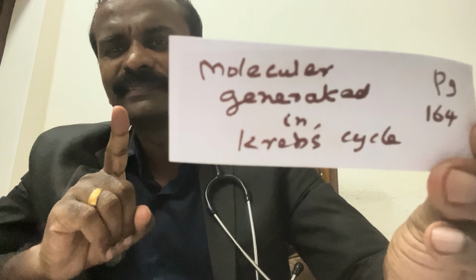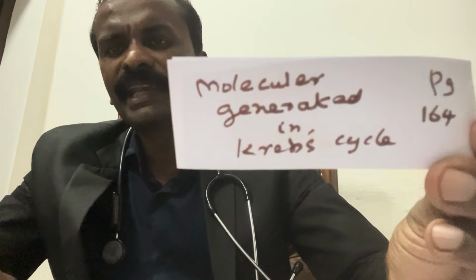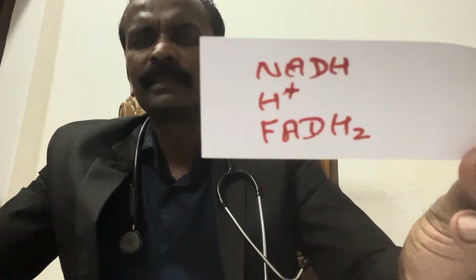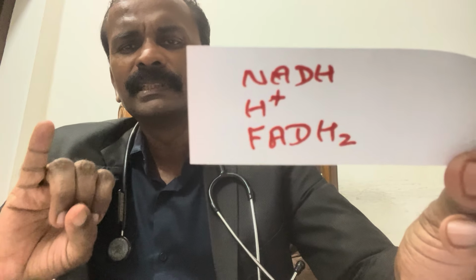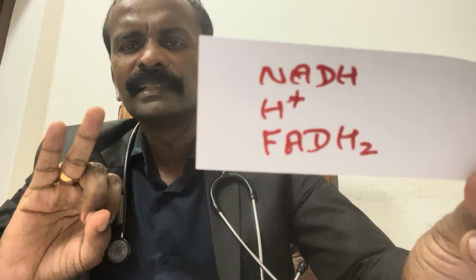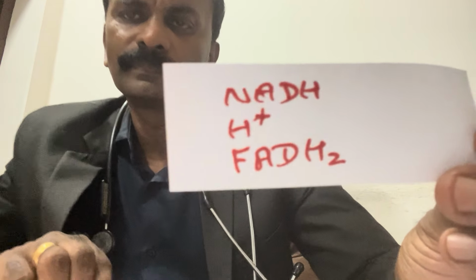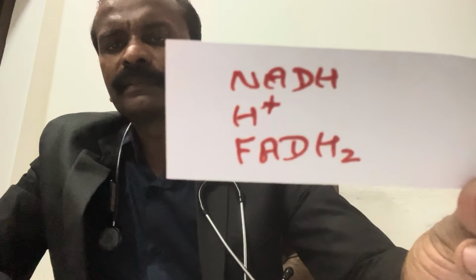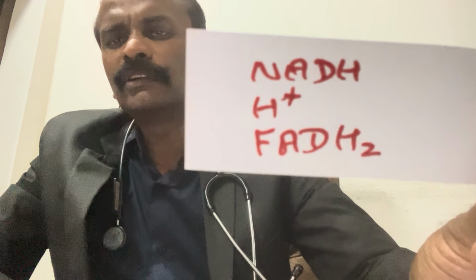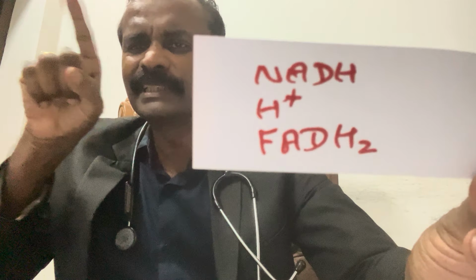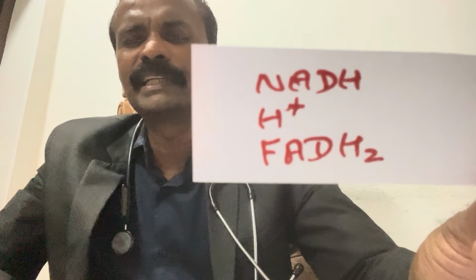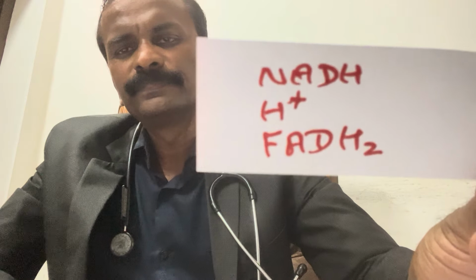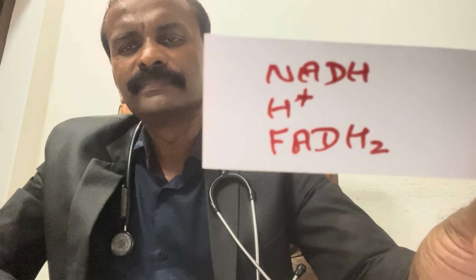Very important. Any idea? Just mug it up, okay. NADH, H plus, and read it, okay. So question, don't forget. You have to mug it up, or you should study that cycle so many times. Repeatedly you have to study. Don't forget the question.